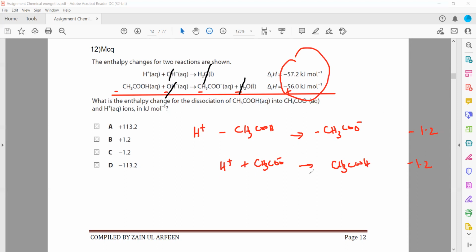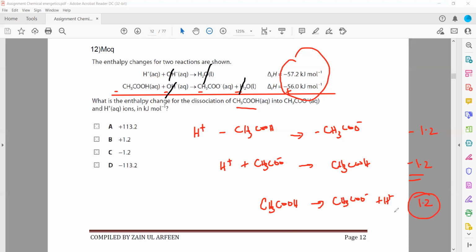But we don't need this. What we want is the reverse reaction, because we want the dissociation of the ethanoic acid. If ions combine and form ethanoic acid, the energy change is minus 1.2. But if we completely switch the equation, so that ethanoic acid dissociates into ethanoate ion and H plus, what will the energy change be?